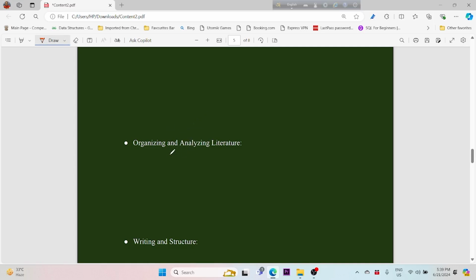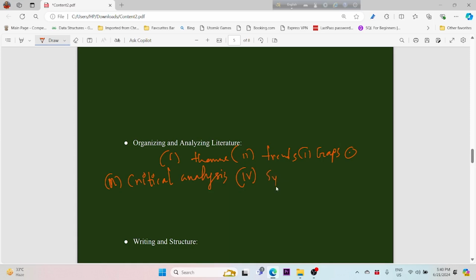So first the theme, then trends, gaps, critical analysis, and the synthesized findings.